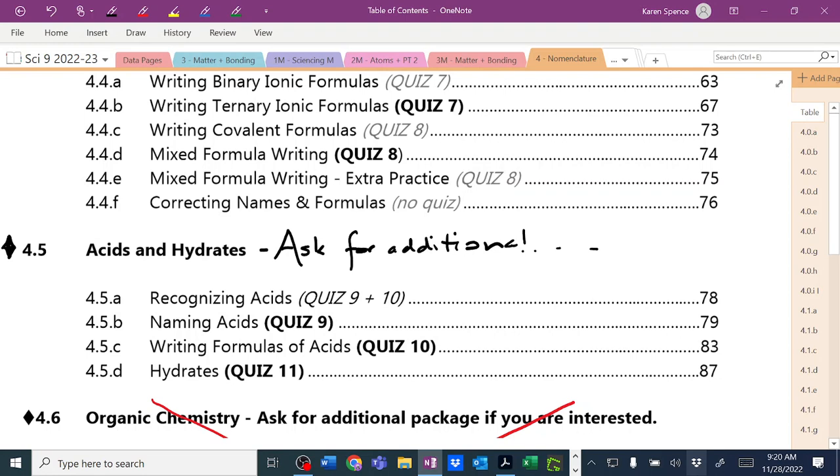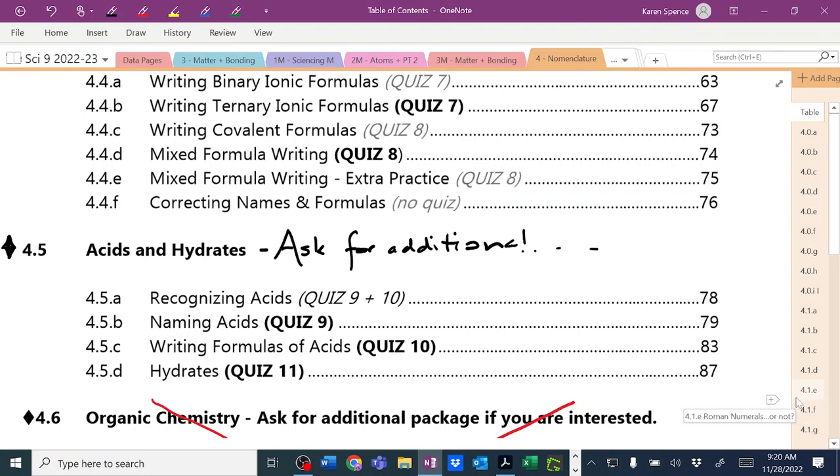On the back of the quiz, you'll be writing your prefixes 1 equals, 2 equals. And let me know if you have trouble finding the quizzes.